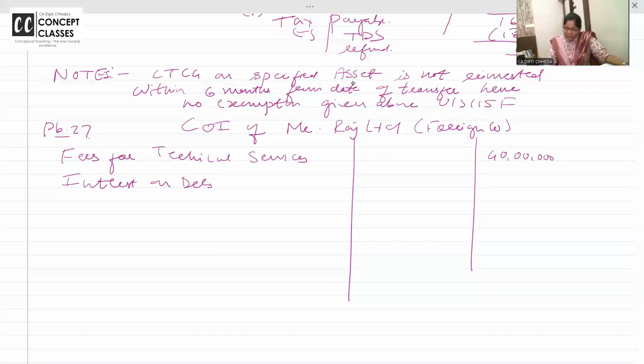Interest on debentures is 8% on 40 lakhs and these are issued on 1st July. So 9 months. 40 lakhs into 8% into 9 by 12, that is 2,40,000.